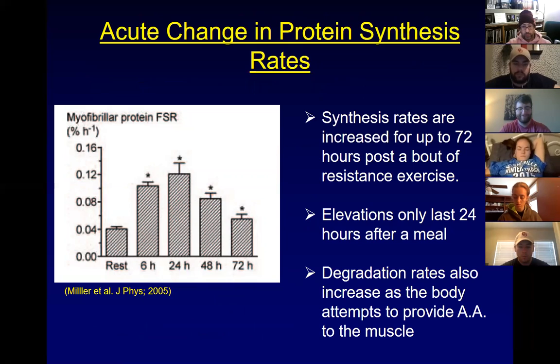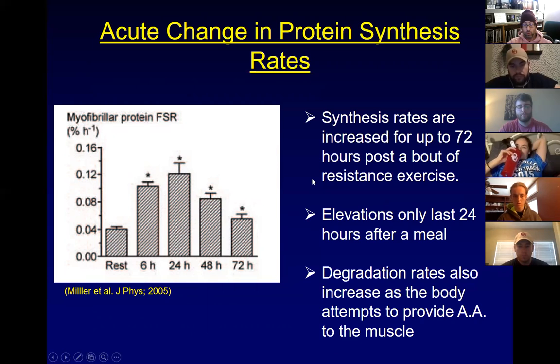So here's some data that were published in 2005, and these again are out of Bob Wolf's lab at the UT Med Center in Galveston, Texas, where the vast majority of the protein synthesis rate work comes from. They do really, really good work there in Galveston. But this is myofibrillar fractional protein synthesis, and we're not going to talk about what fractional synthesis rates are versus some other things. Just note that here are their resting values.